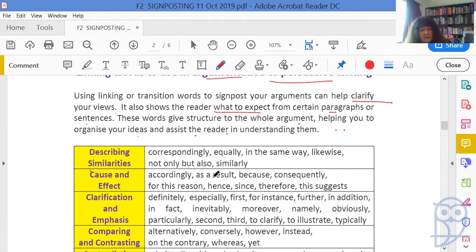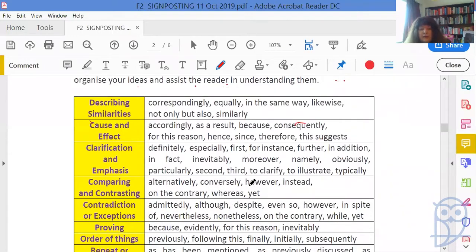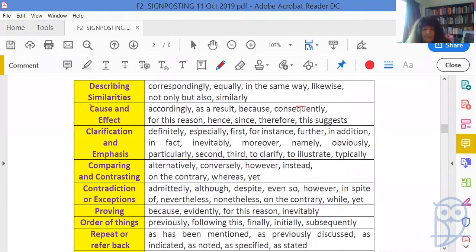We can say as a result, consequently, for this reason, therefore. If you're trying to clarify and emphasize something, you've got words like especially, for instance, inevitably, moreover, obviously, particularly, and of course, if you're doing paragraphs, first, second, third paragraphs, or giving your examples. Okay, remember the rule of three, give three of.